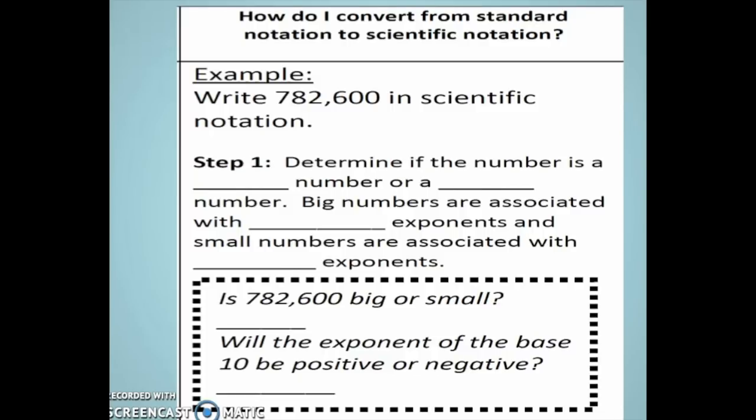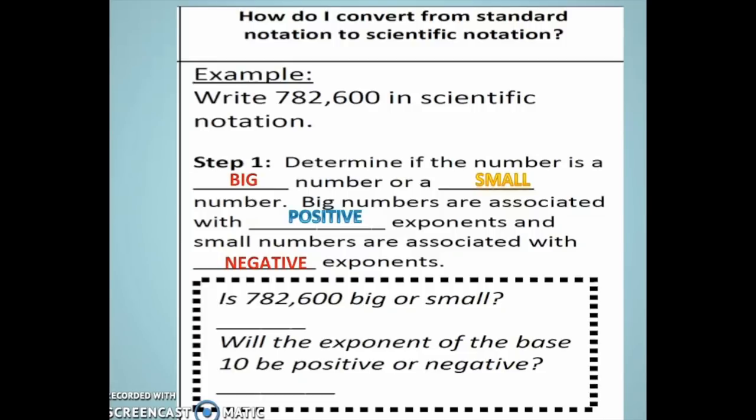So our very first step is for us to determine if the number is a big number or a small number. Big numbers are always going to be associated with a positive exponent. And small numbers are associated with negative exponents.